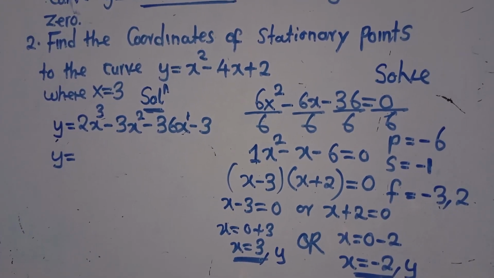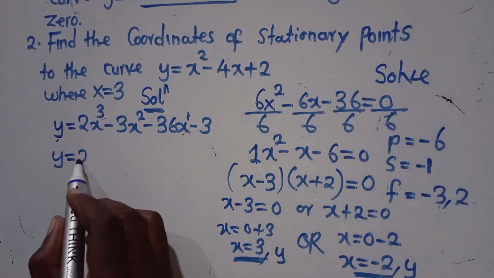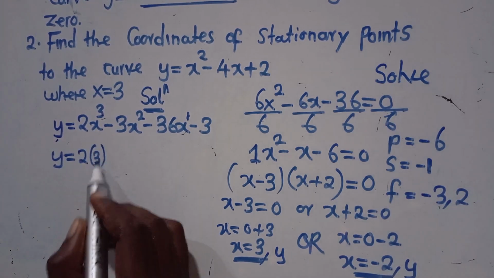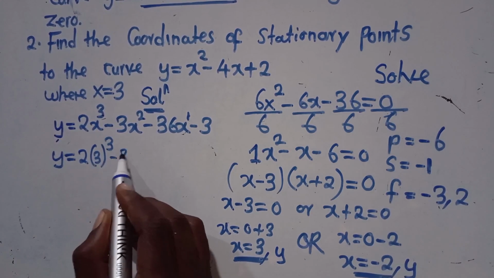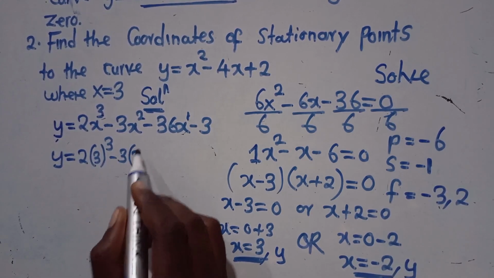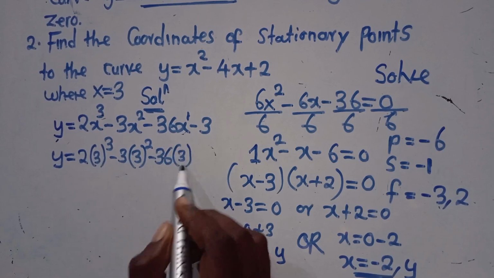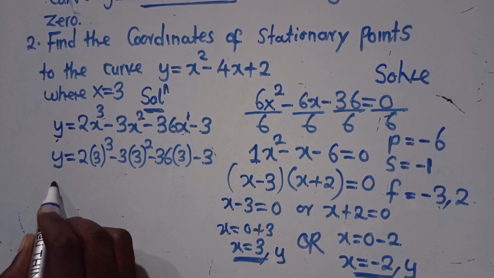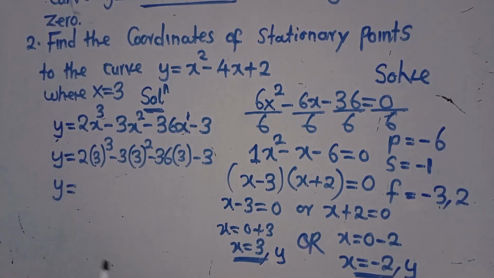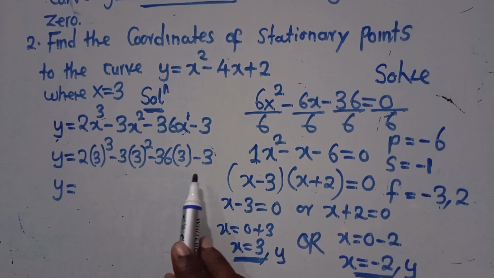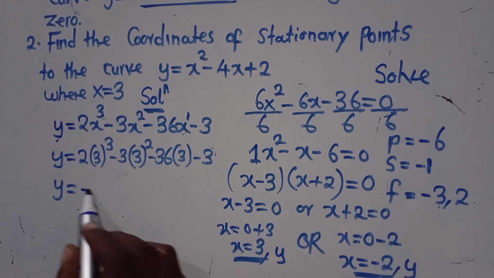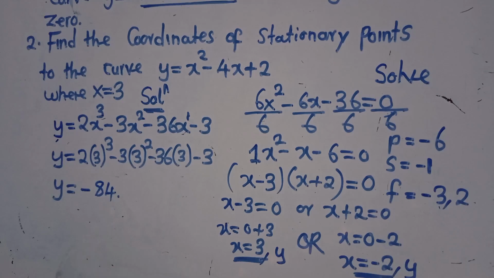So you know coordinates, it is x and y, where x is 3. Where there is x, I put 3 like this, minus 3 like this. X is 3 squared minus 36, 3 minus 3, which is y is equal to, when you punch this correctly on your calculator, or when you simplify this, the answer that you are going to get will be -84.